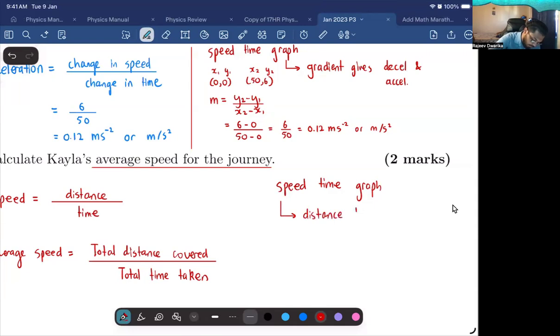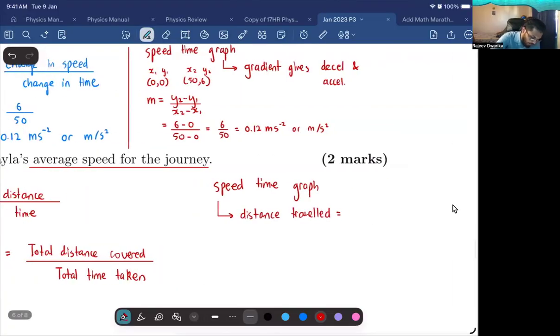There is a physics formula as well, and that physics formula comes from the mathematical properties. You'll see what I mean shortly. So on a speed time graph, distance traveled is just the area on that graph.